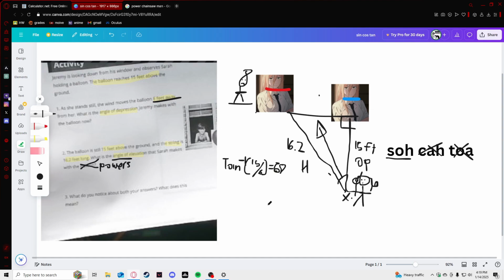So in our calculator, we will put sin minus 1. Okay, let me just recreate that one. And we would put 15 over 16.2.